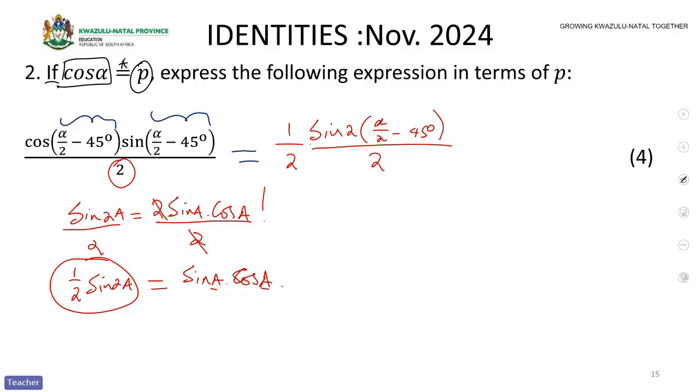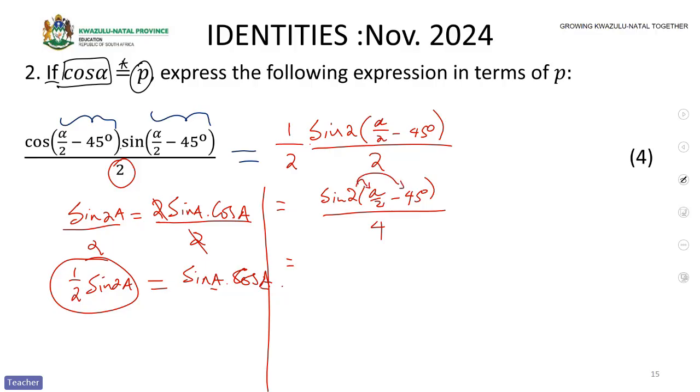So it is very important for us to analyze the pattern. Let us simplify this one. 1 times the numerator will be the numerator itself. So it's going to be sin of 2 into alpha over 2 minus 45 degrees, all divided by 2 times 2, which will be 4. Now we have to distribute our angle there. How are we going to distribute?